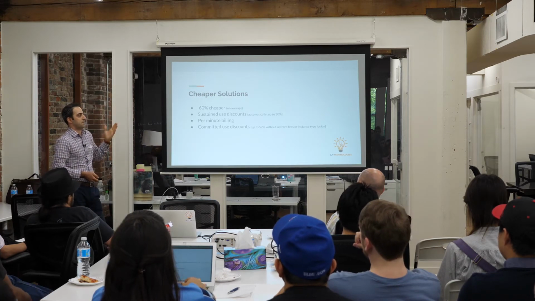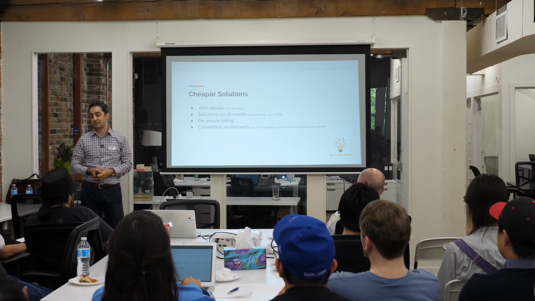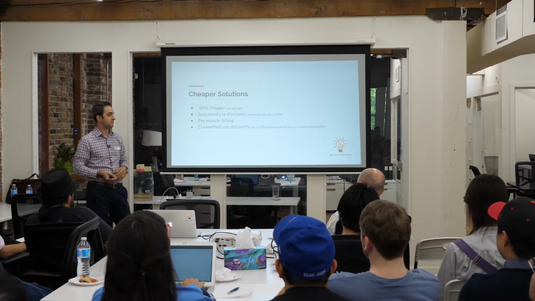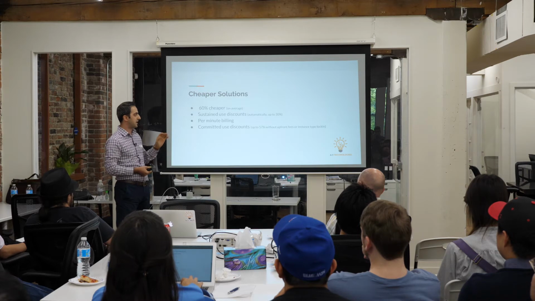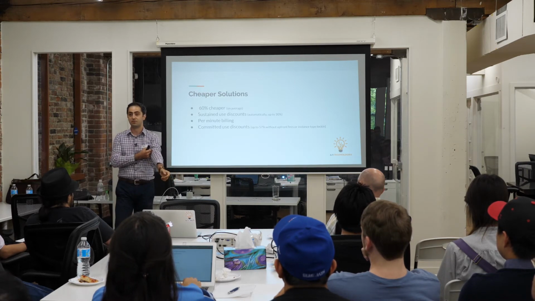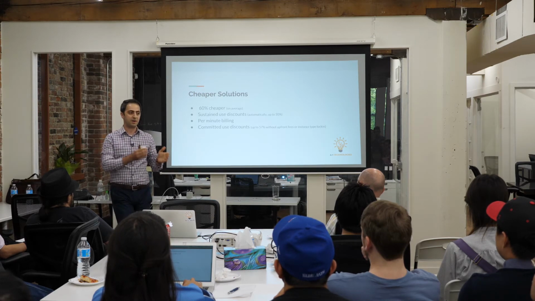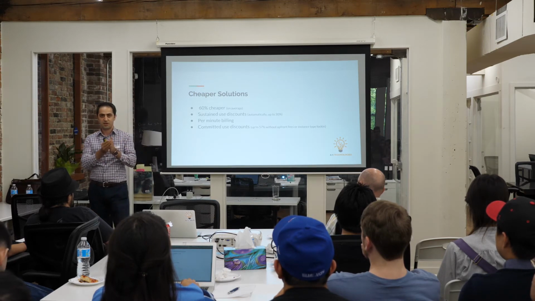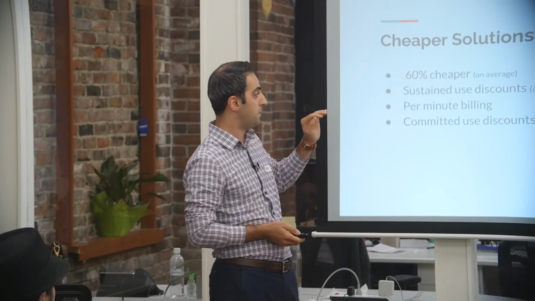Cheaper solutions. On average, as I said, GCP is 60% cheaper than the competition. So if you want to save money when you're starting your business, GCP is the solution for you. You can get sustained use discounts automatically up to 30%, which means that you don't have to commit to use an instance, but by the fact that you're using that instance for a month, you get up to 30% discount on that.